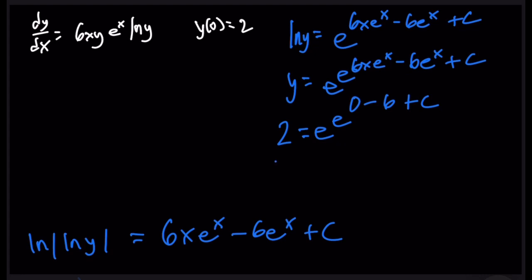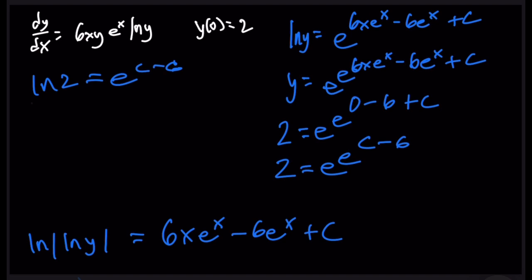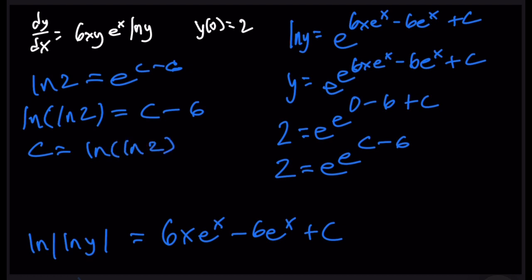So then if 2 equals e to the c minus 6, we know that ln 2 equals c minus 6. C equals ln 2 plus 6.